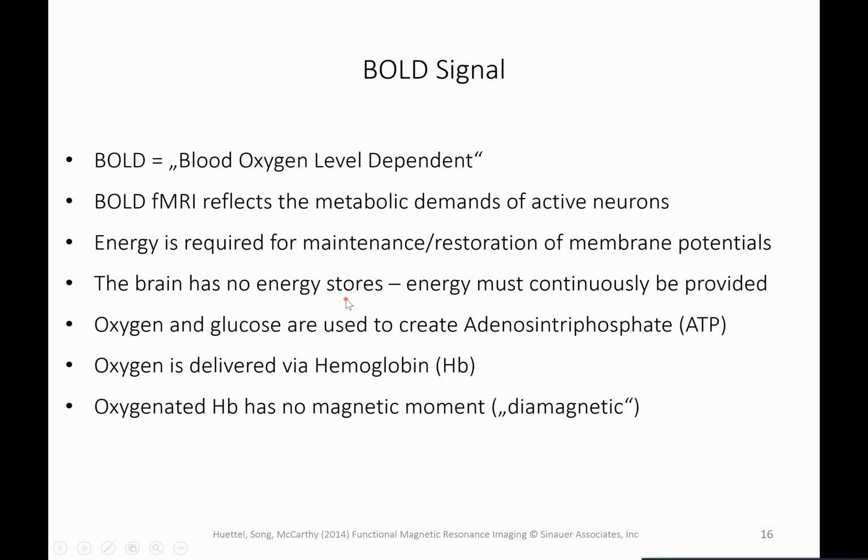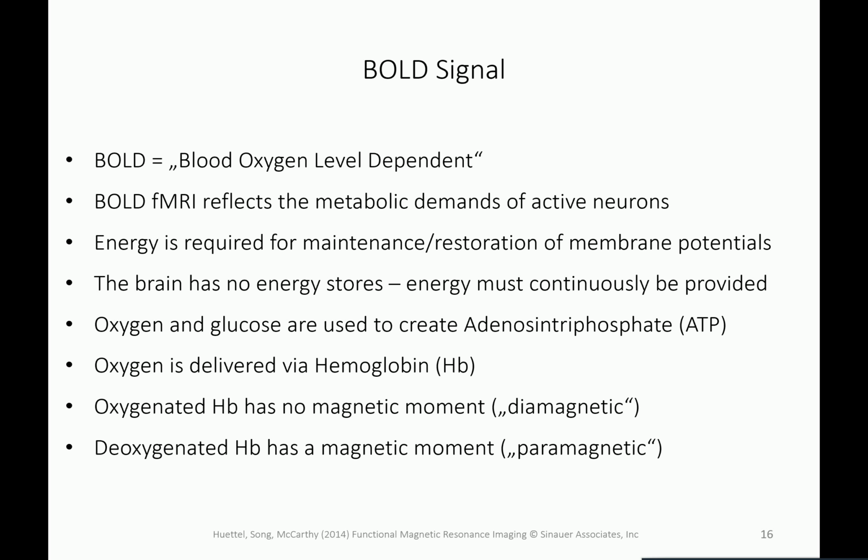The neurons need the oxygen, and the hemoglobin, if it has oxygen bound to it, does not have a magnetic moment, so it's diamagnetic, so it will not affect a magnetic field. But if it's deoxygenated, so if it has released its oxygen to cells that need oxygen, then it becomes paramagnetic and leads to distortions of the magnetic field.